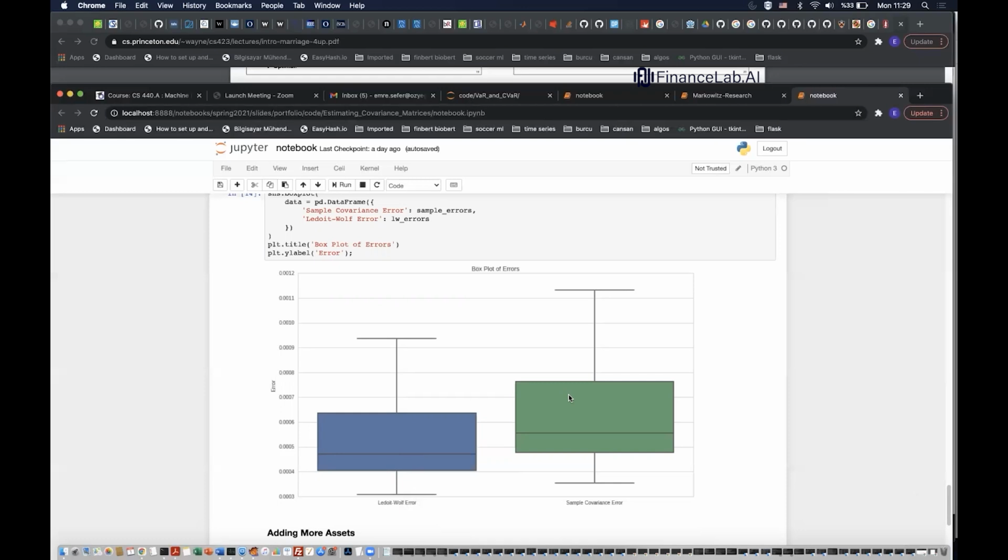And that's why the Ledoit-Wolf estimator gave us a smaller error, and that's why it's more stable. In some portfolio optimizations, we do not directly use the covariance matrix, but we use the Ledoit-Wolf estimator instead.